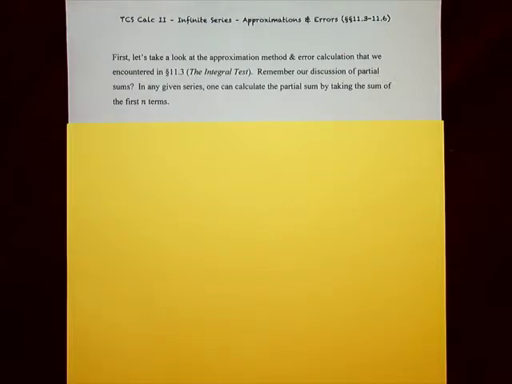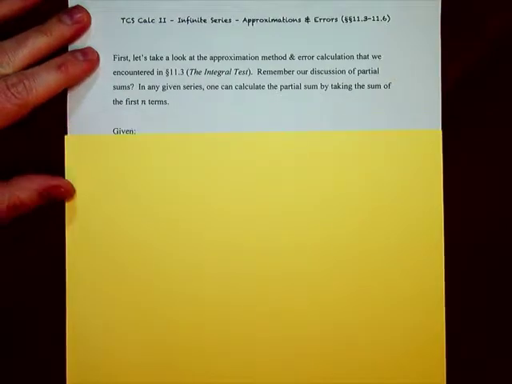Now, remember that our discussion involves partial sums, and of course, with partial sums, you're dealing with infinite series, which are a sum of an infinite number of things. A partial sum, according to the name, is a sum of part of it, okay?